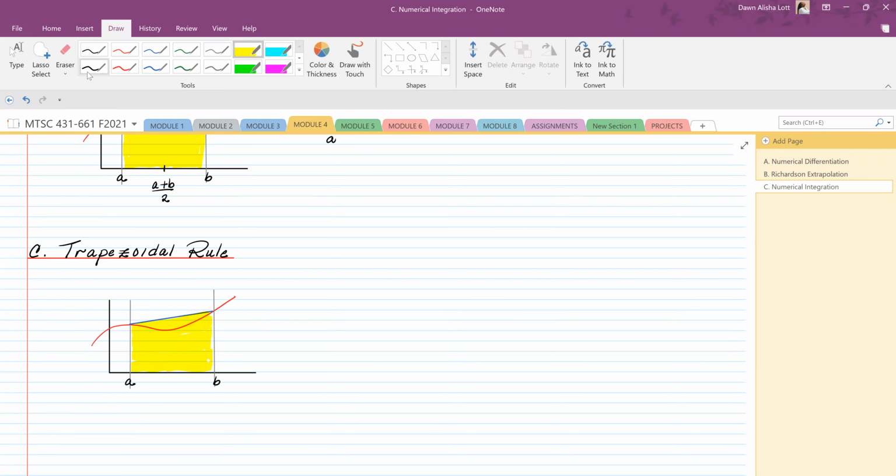So we know that if I draw a simple line right here, that is not where I want that line to be.